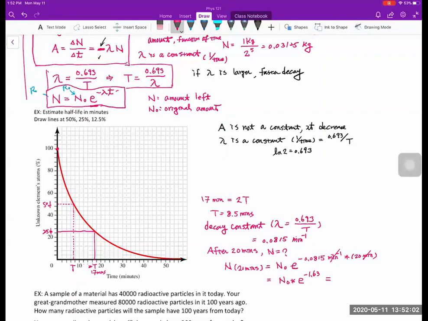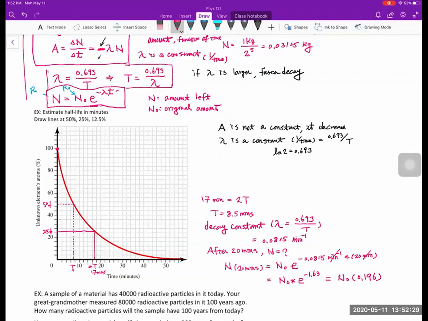And then you calculate what is the exponential to the negative 1.63. That is N0 times 0.196. What that means, you're going to have approximately like a 20% left.